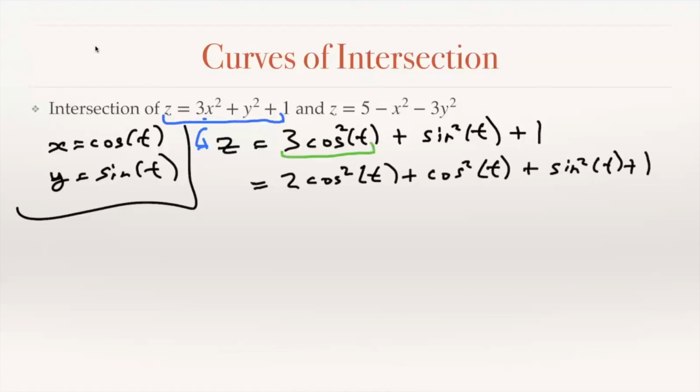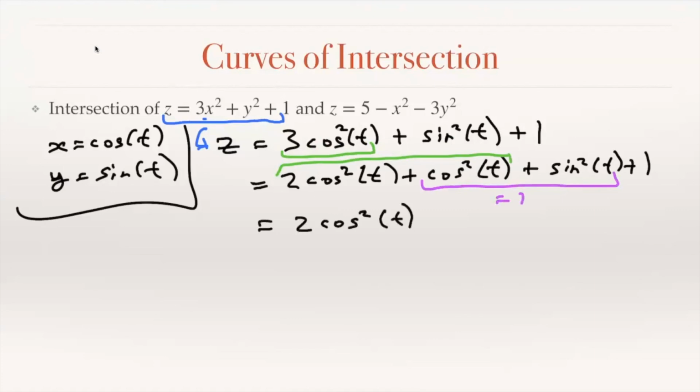So this guy is that guy. Okay, and now this guy equals 1. So this is the same as 2 cosine squared t plus 1 is plus 2.